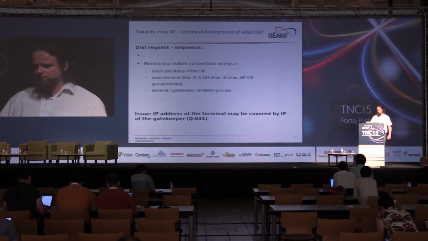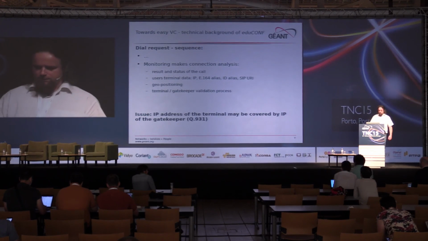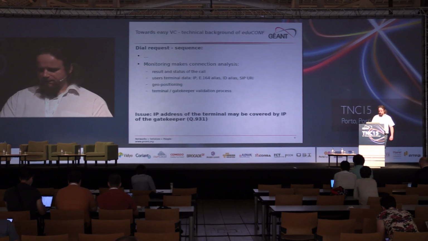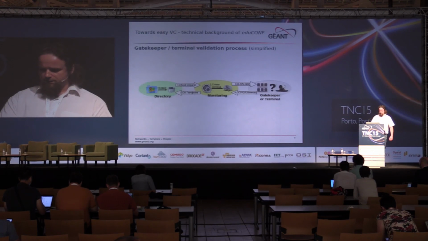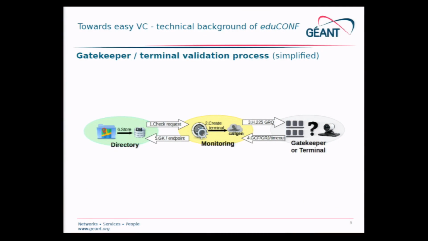Of course, from our point of view, it's better to have terminal information, but it is not clear, so we created an engine for checking whether an IP address is for the terminal or the gatekeeper. How does it work?